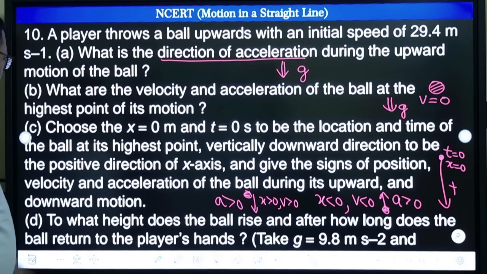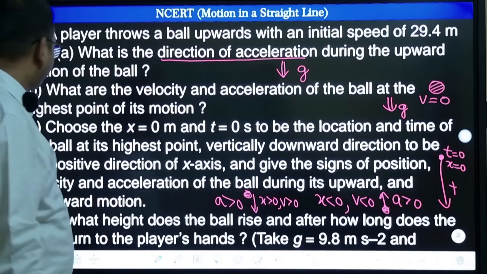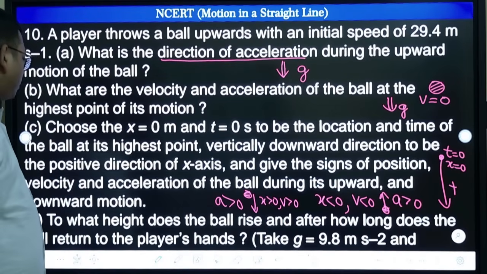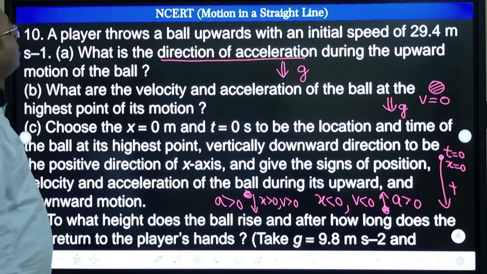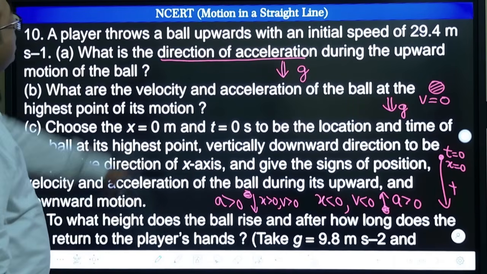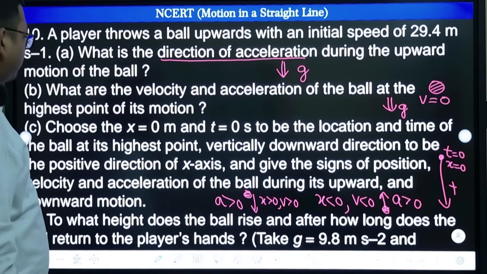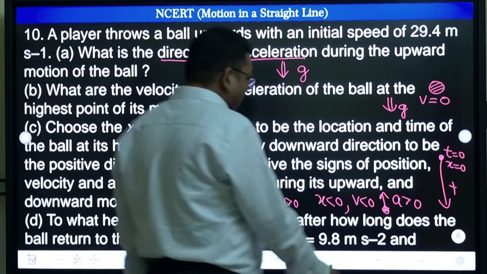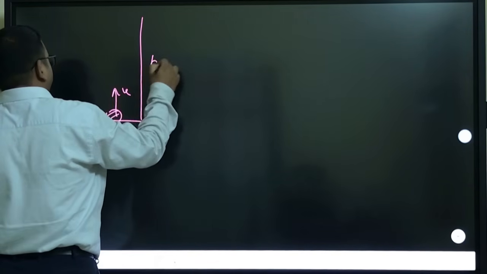Then next, to what height does the ball rise and after how long does the ball return to the player's hand? What is the speed with which it is thrown? They have given the initial speed. To what height does the ball rise? So direct formula, let us apply that. If we are throwing it with a speed u, to what height will it go?